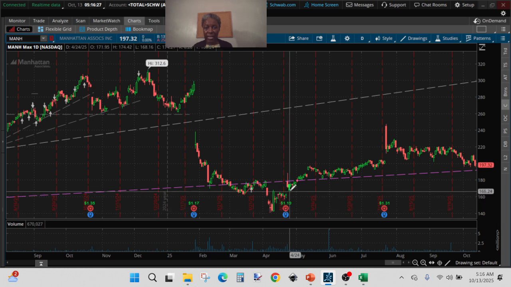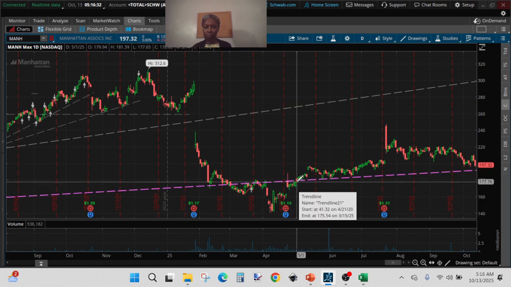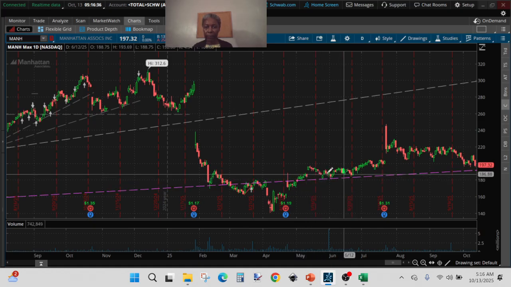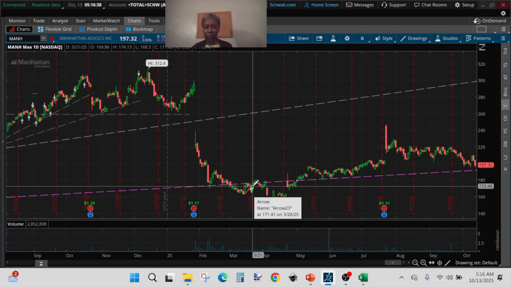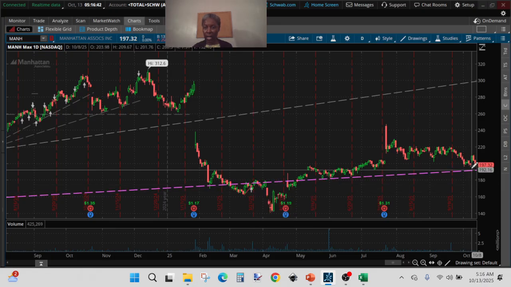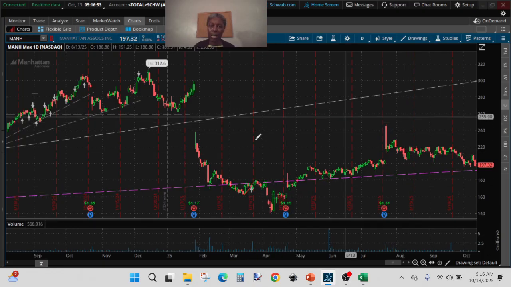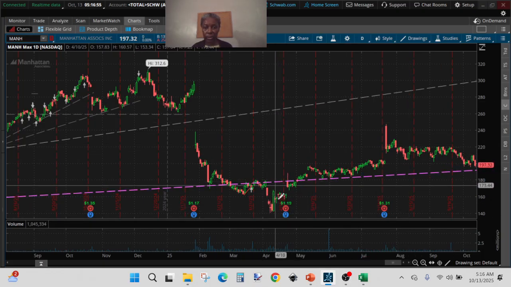It showed me negative numbers for probably 2 months, and then it started becoming positive. Even though I purchased around that trend line and it's still around that trend line, the price here is higher than what I paid, pretty much about a $20 difference around that same support line.